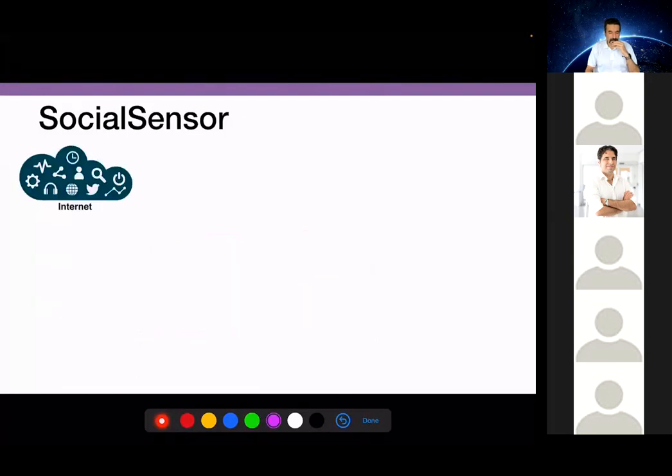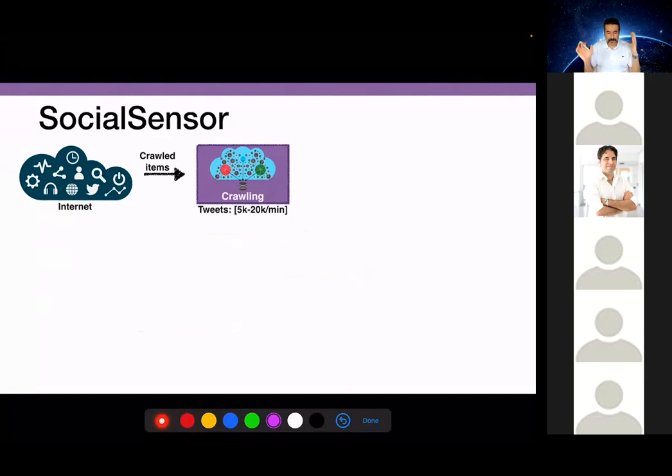Let's look at the architecture of this composed system. It has a crawler. This crawler searches through social media and collects, for example, tweets with a certain speed, and then stores this content into a storage such as Apache Cassandra.